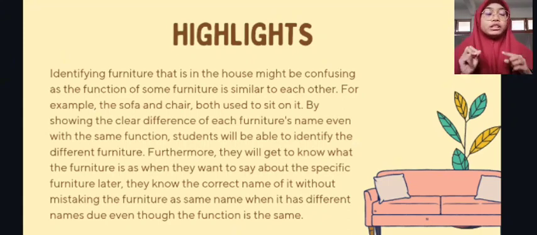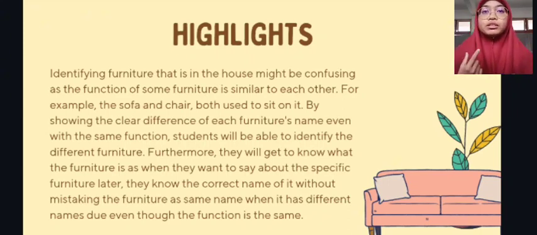They don't just go there and say that is a chair. If they suddenly see a sofa, they say chair instead of sofa. So when we have them differentiate it, at least they know the knowledge of the world, where they know the difference between the names of the furniture.